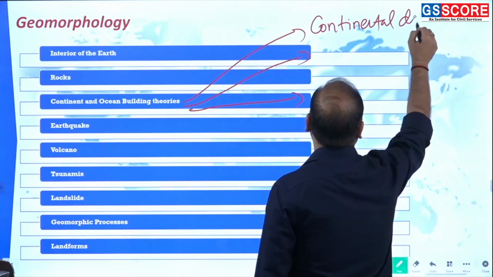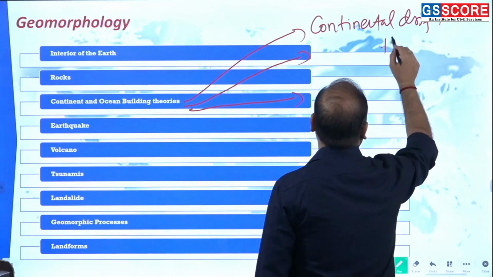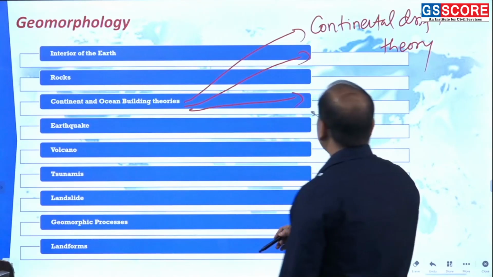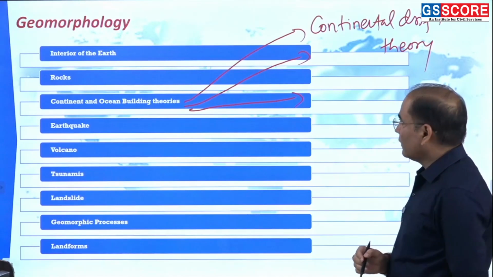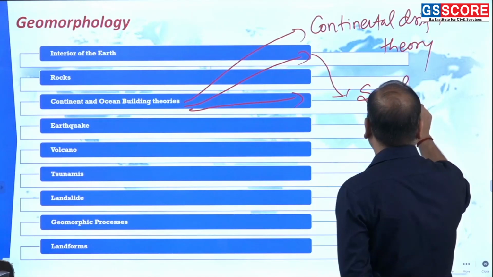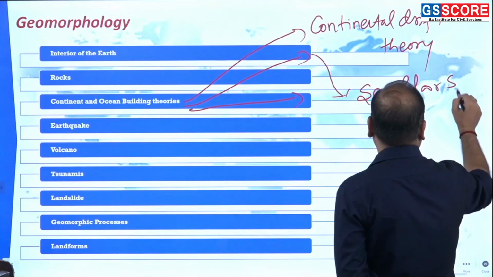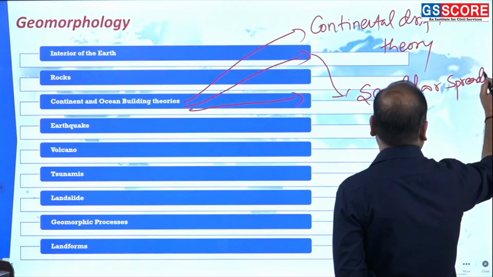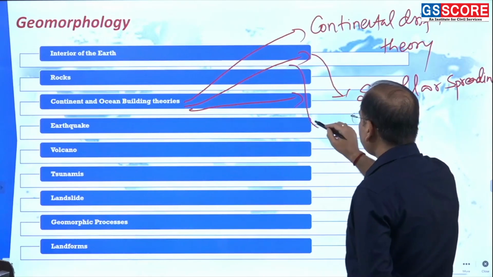continental drift theory of Wegener. So you are supposed to study the continental drift theory of Wegener. Then we have the concept of seafloor spreading. You are supposed to study the topic of seafloor spreading.